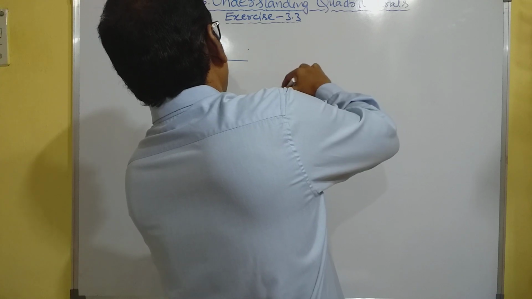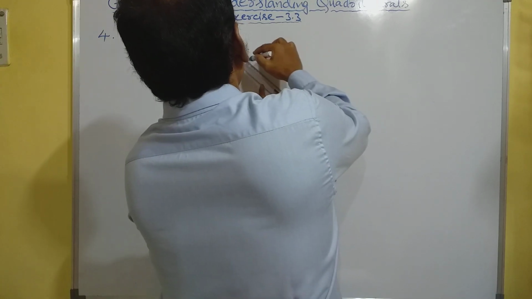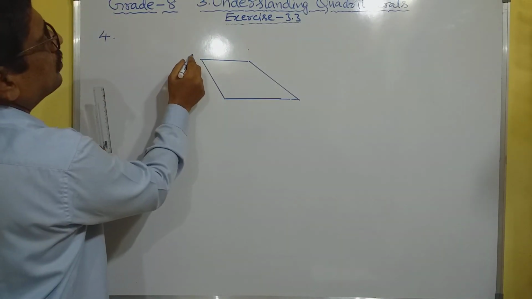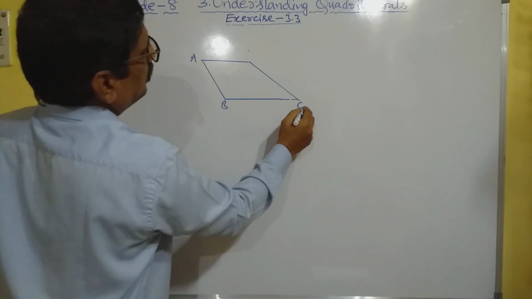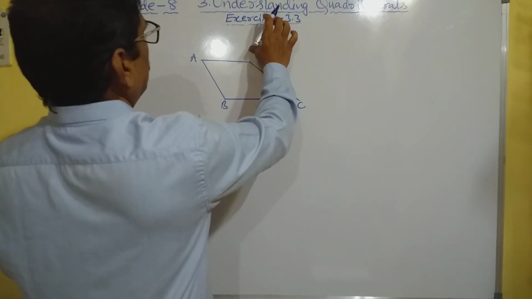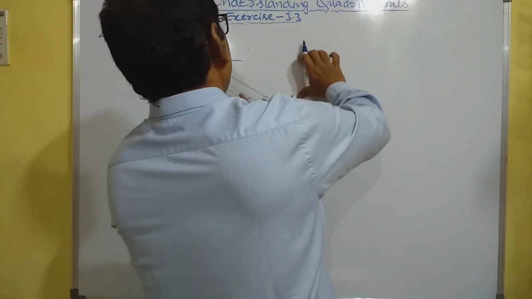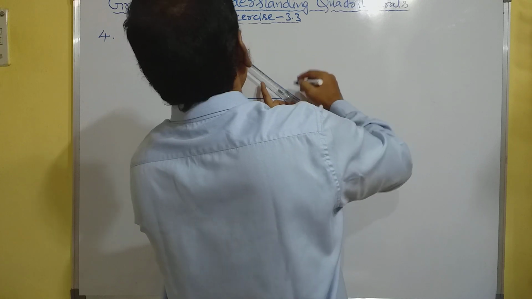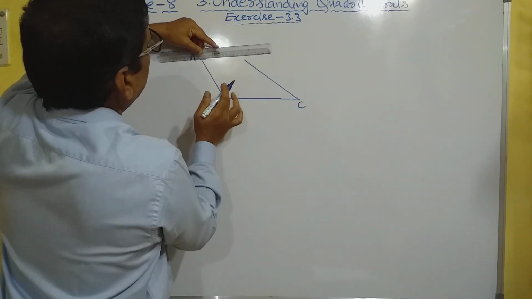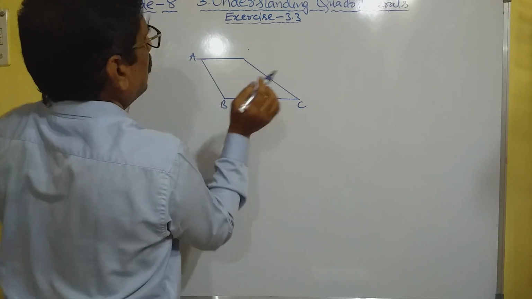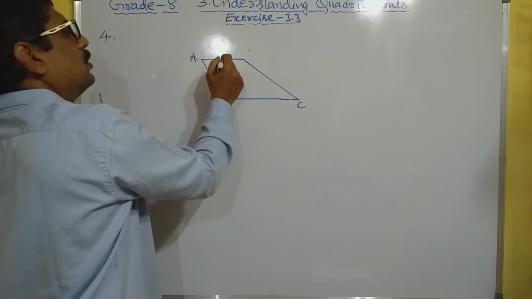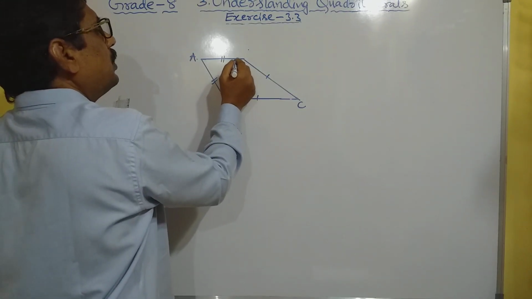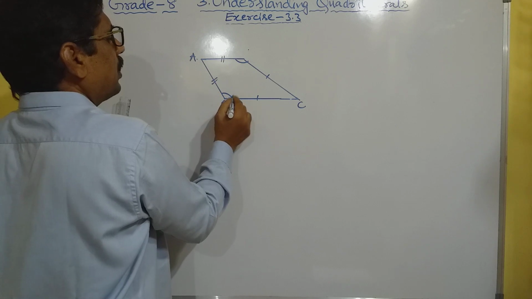So I'll extend this. This is A, B, C. Look at this: these two sides are equal and these two sides are equal, and then this angle will be equal with this angle.